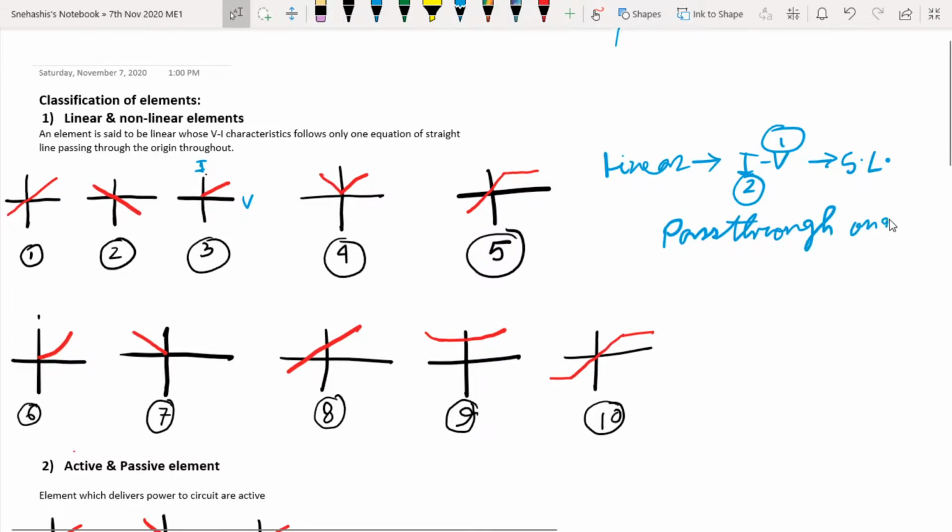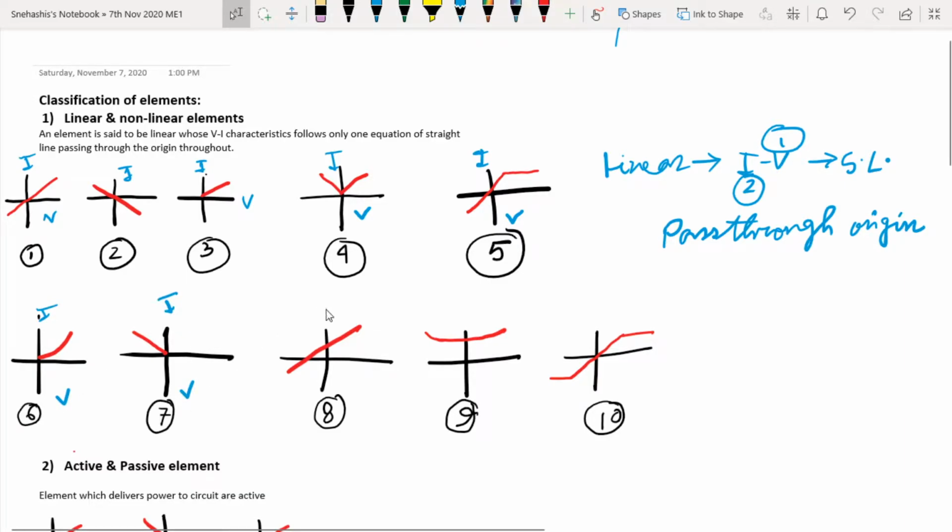It should pass through origin throughout. So with the given figures, let's discuss what happens with these given diagrams. There you can see we are given 10 figures. So let's discuss them in the light of the above mentioned definition, whether they are linear or non-linear.